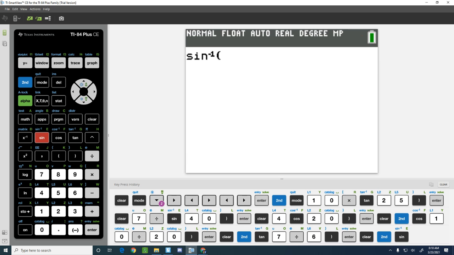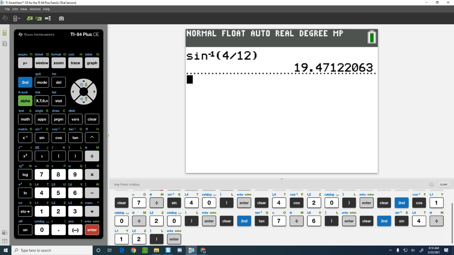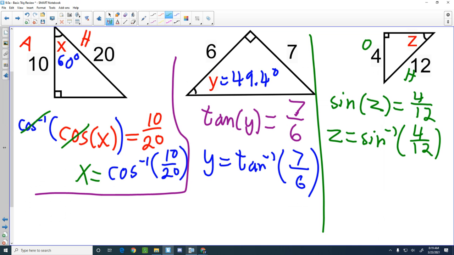So sine inverse of 4 divided by 12. 19.5, anyone? Yeah? 19.5. Z equals 19.5 degrees.